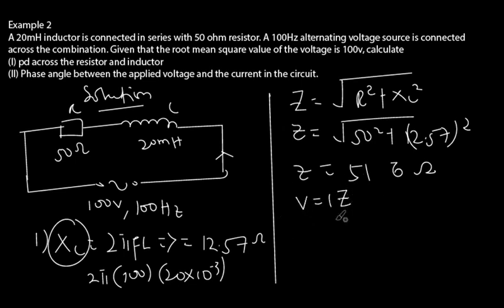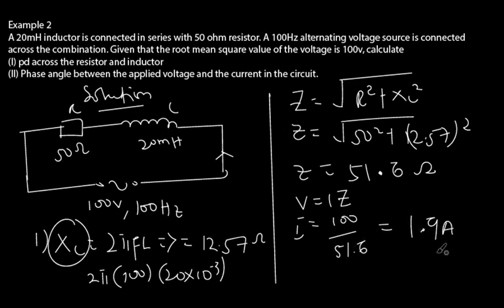So now that we have our impedance, we know voltage is IZ. So our current in this case will be the voltage, which is 100, divided by 51.6. This is 0.6. Okay, so our answer, the current, will be 1.9 amperes.